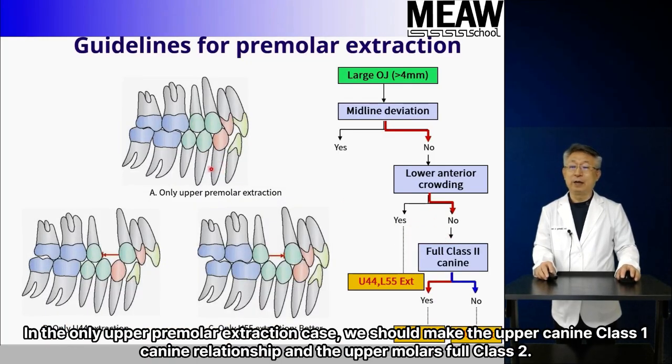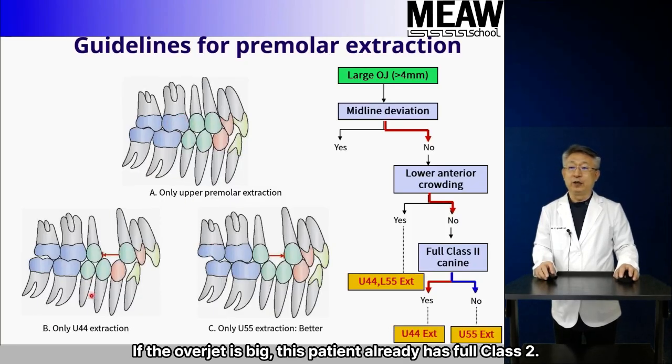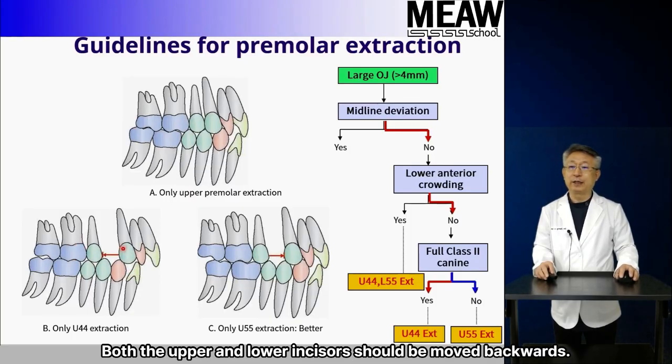In the upper premolar only extraction case, we should make the upper canine class 1 canine relationship and the upper molars full class 2. If the overjet is big, this patient already has full class 2. Both the upper and lower incisors should be moved backwards.